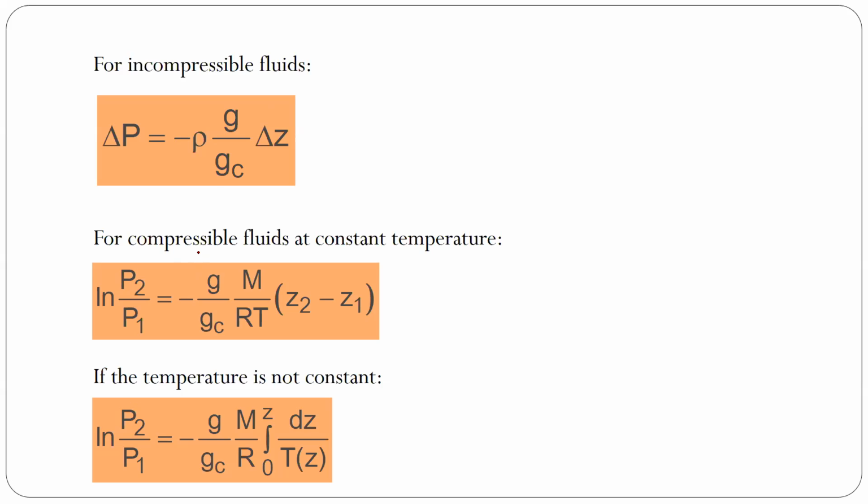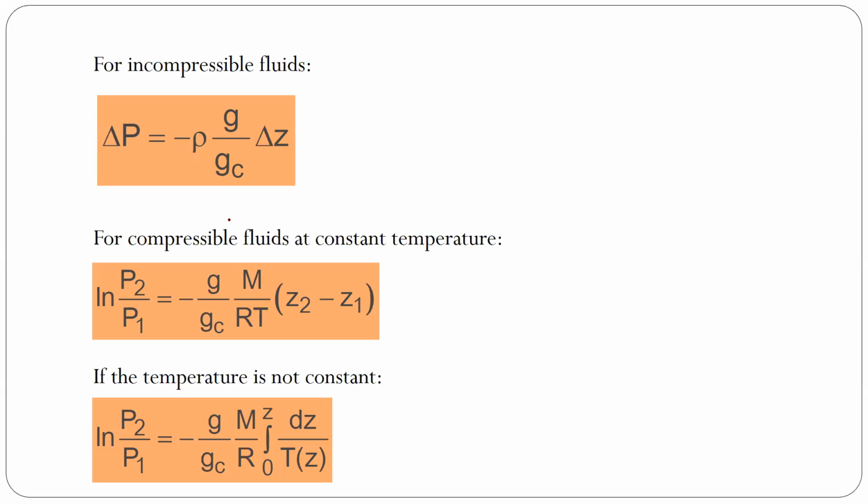Okay, so what do we do? First, you can assume that air or whatever compressible fluid that you have, if it's a gas, you can assume that it's an ideal or perfect gas. Secondly, you can assume that maybe the temperature is constant. So you have the case of isothermal condition. So in that case, since you're assuming that the gas is ideal, remember that density can be expressed as PM over RT.